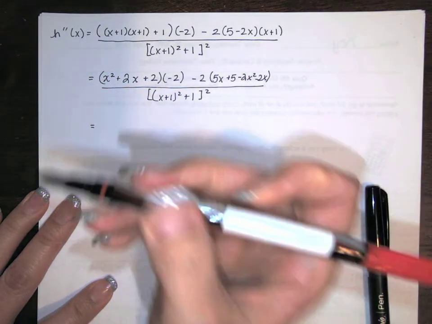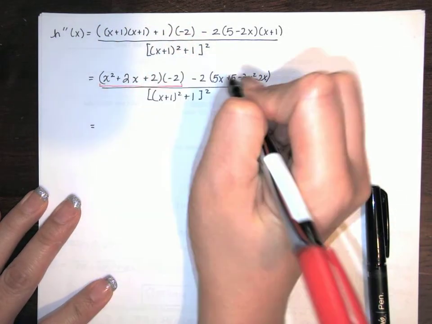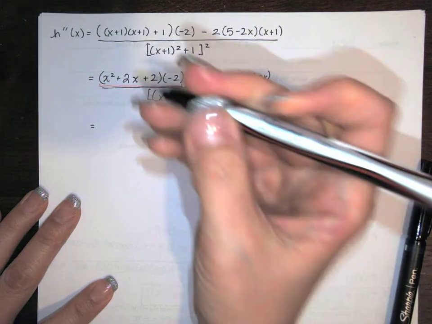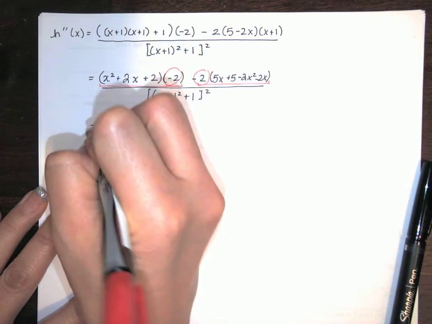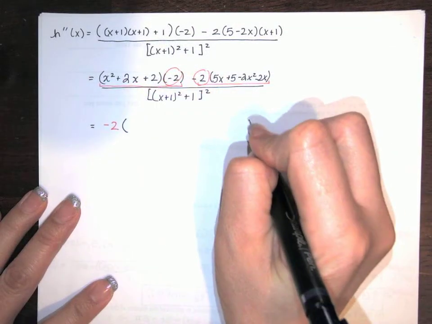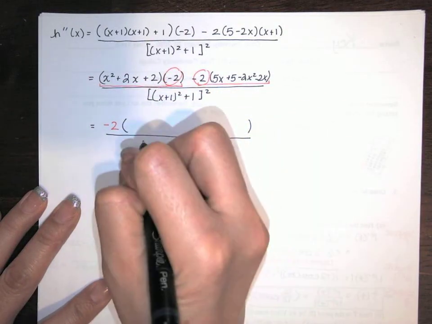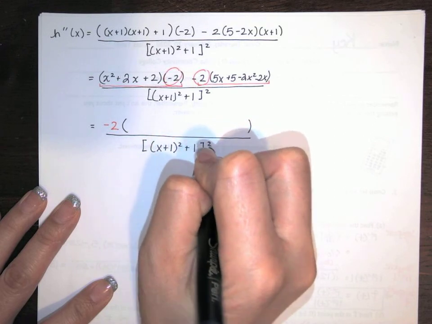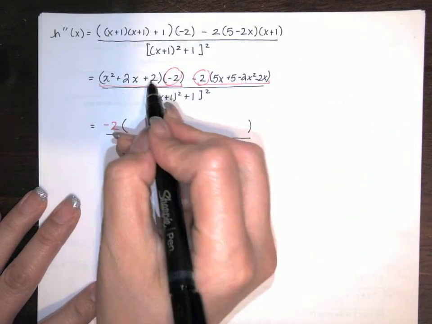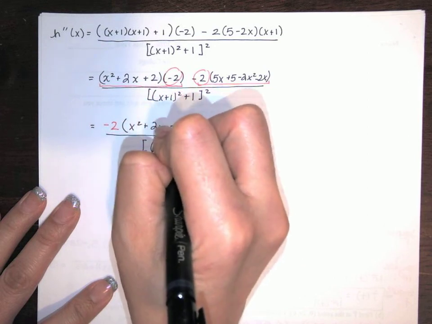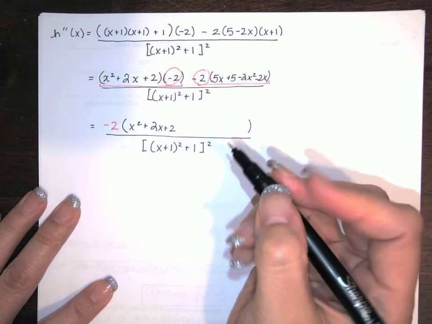I want to look at that as a term and that as a term, and I want to factor out this negative 2 that they have in common. So I've got negative 2 times some quantity, all divided by this. Negative 2 times x squared plus 2x plus 2 gives me that first term.